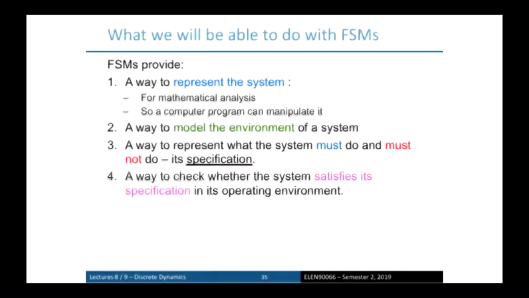Okay, so what you should be able to do with FSMs by the end of this subject, so that means for the exam, for instance, is be able to design and represent a system. But being able to represent the system as an FSM means you can put it into a simulator that can generate all possible behaviours and tell you, uh-oh, you've ended up in a state where you shouldn't have ended up given those input conditions.